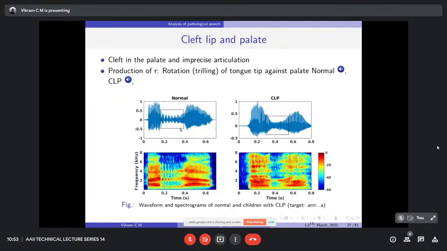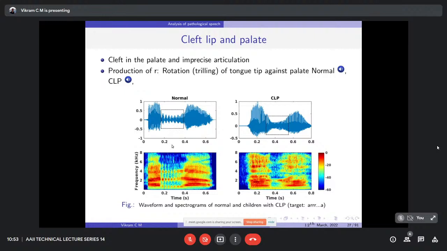cleft lip and palate. In case of cleft lip and palate, the roof of our speech production system, that is the palate, is completely damaged. Due to that, sounds like trills, just imagine producing a sound like ra, when we produce this ra sound, we rotate our tongue against our palate.